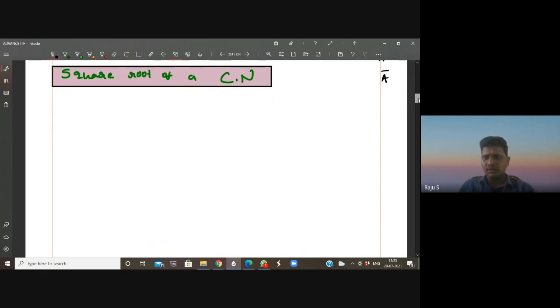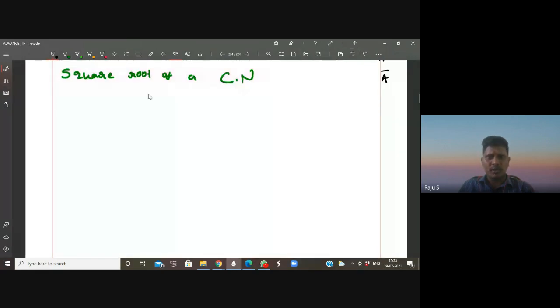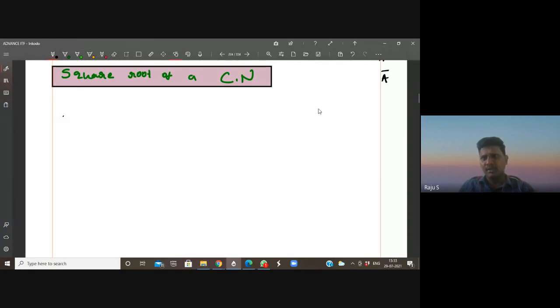This is important. Right, students, if I take any complex number, we know very well the standard form x plus iota y. How can you change it to standard form?